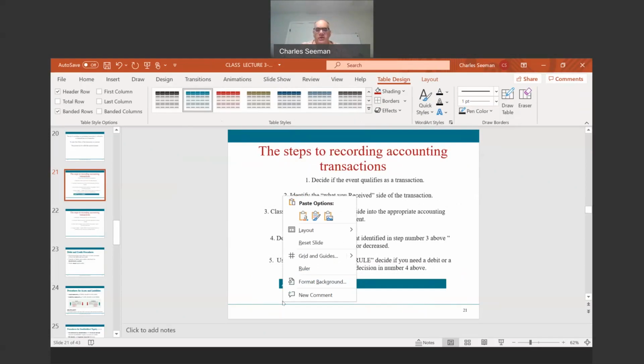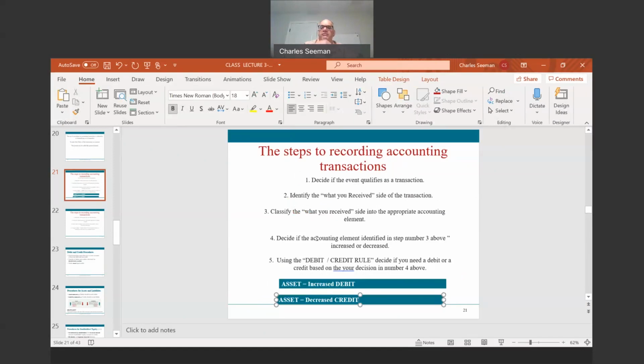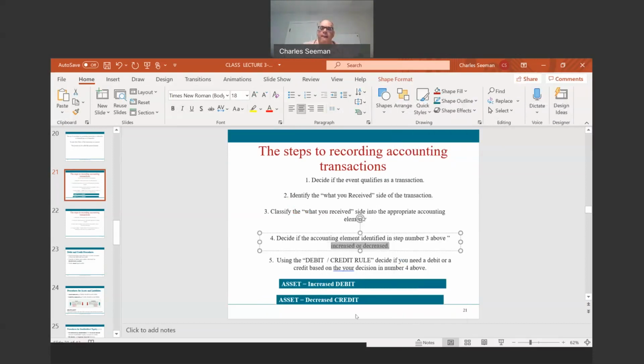In step 4, if an asset decreases, we use a credit. So for a specific account, if it's an asset and it increases, we use a debit. If an asset decreases, we use a credit.